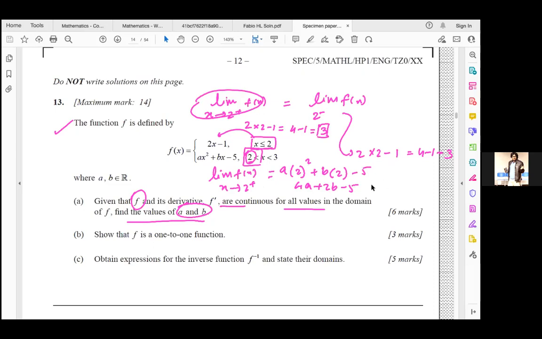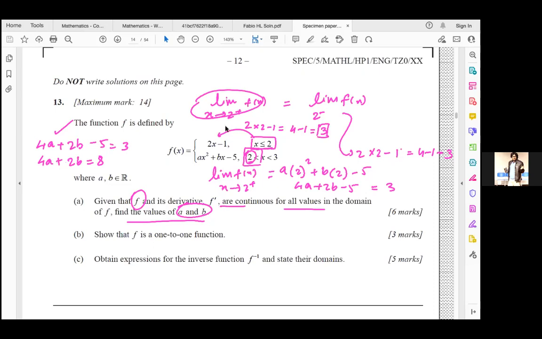And this is equal to 3 basically, because they both need to have the same y values around the point of discontinuity. So 4a plus 2b minus 5 equals 3. So you get the first equation, which is 4a plus 2b equals 8. So you got this one equation.